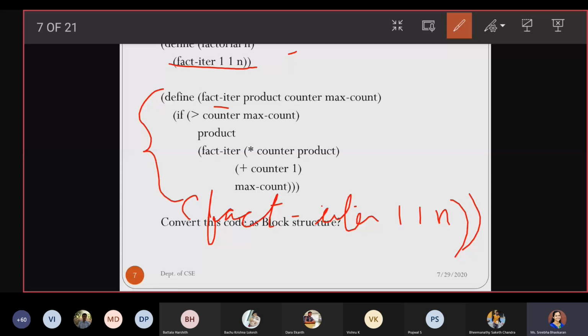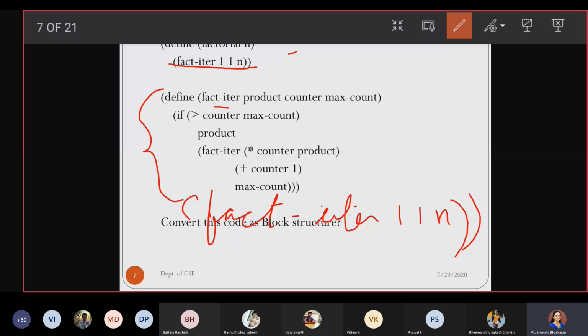When you start defining the fact procedure with n, before closing it, you define the fact ITR procedure, you close that fact ITR procedure, and only then you define the body of your factorial procedure. As the body, you call the fact ITR procedure with 1, 1 and n, and you close the factorial procedure.